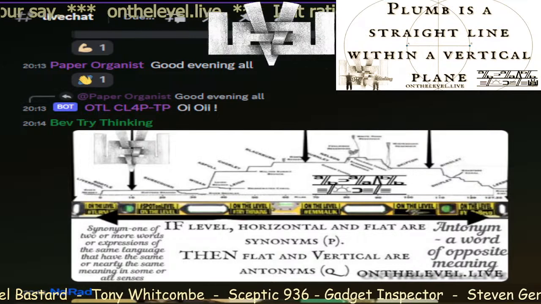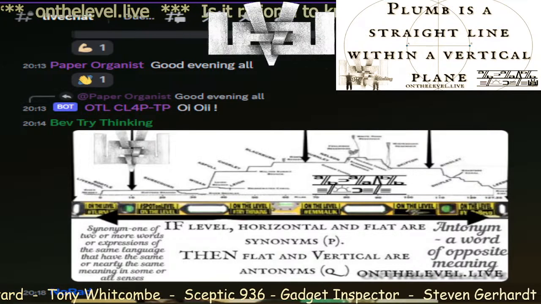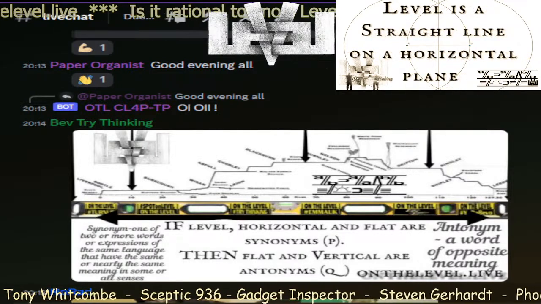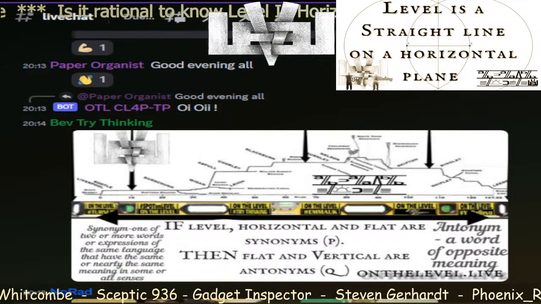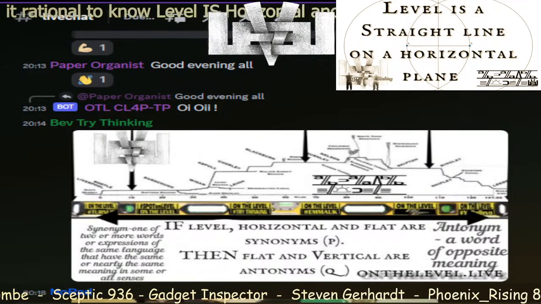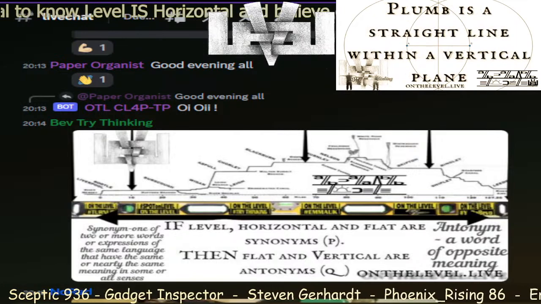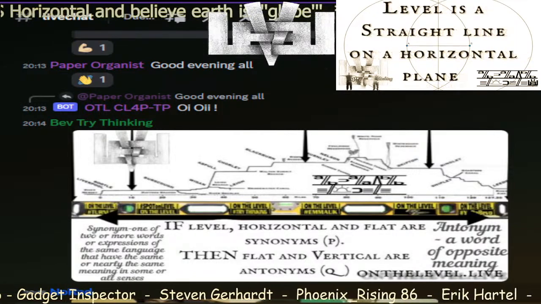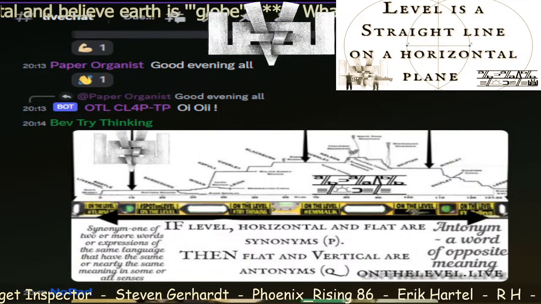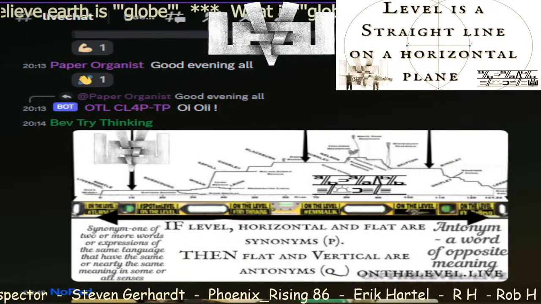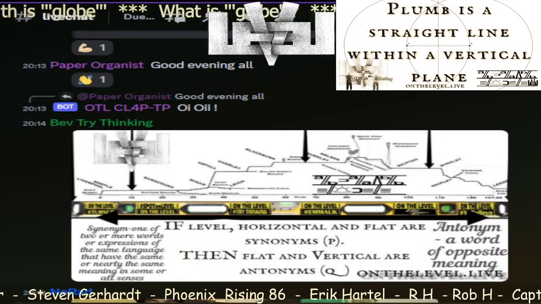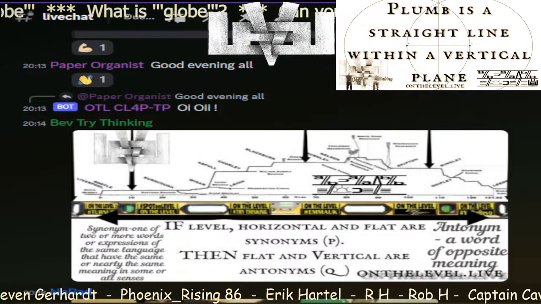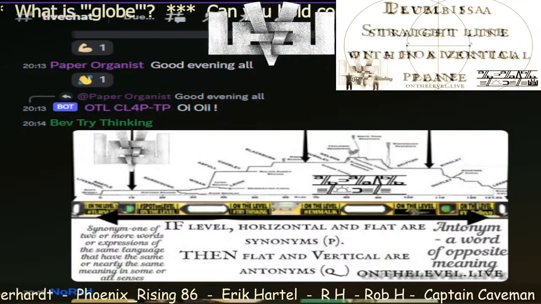Level doesn't mean flat, Adam. I don't know where you get that from. If we have a water level in a tube, it means that this body of water does not create a surface.